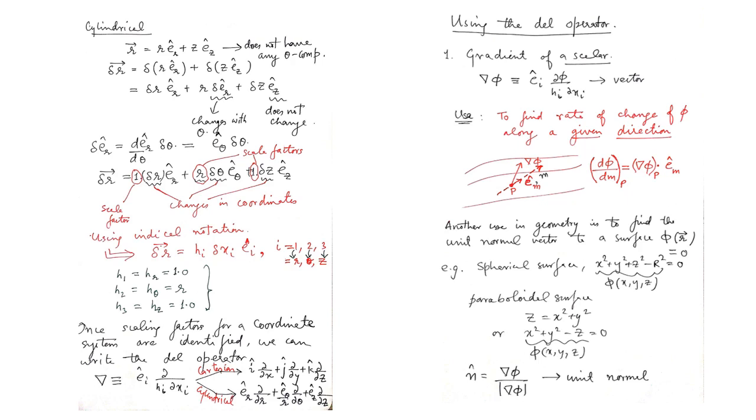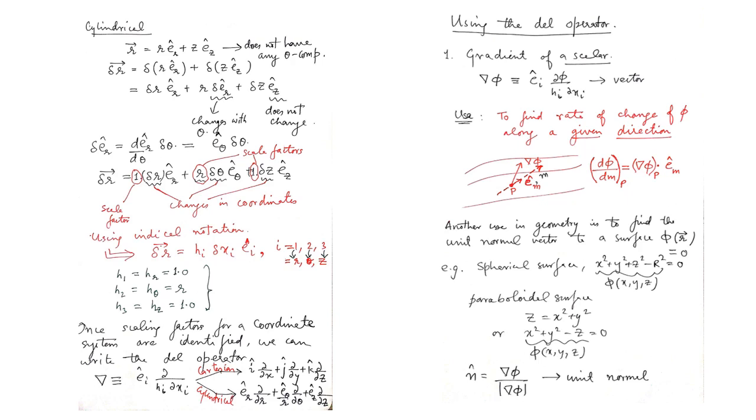It will be maximum if you move in the same direction as grad phi. So this is something important. We often say that grad phi gives a direction along which phi changes at the fastest rate. This I repeat: grad phi gives a direction along which the rate of change of phi is maximum at that instant of time at a particular point in the flow domain. So it gives the instantaneous direction at a point along which phi will be changing at the highest rate in space.